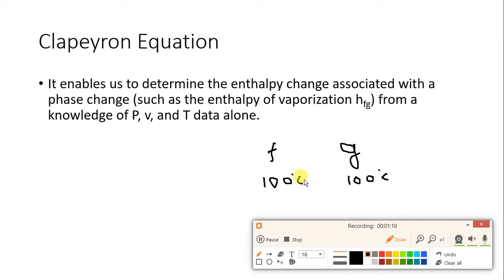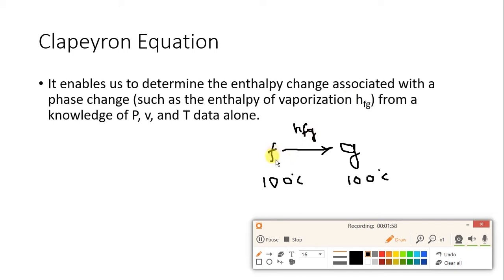It means that at the same temperature, for the corresponding atmospheric pressure, we can have both liquid as well as vapor. Now, how is this liquid converted into vapor? By adding latent heat. This latent heat value is known as hfg. This is the enthalpy of vaporization, also known as the latent heat of vaporization.